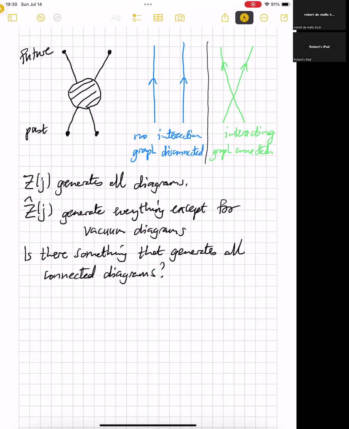This is a very natural question to ask because it's the connected diagrams that actually correspond to some sort of an interaction. And just so that you don't suffer any distress due to suspense, let me tell you there is an object that generates only the connected diagrams, and we're going to introduce it shortly.